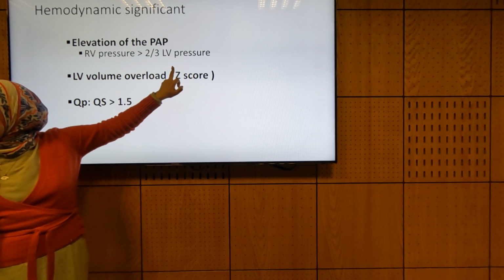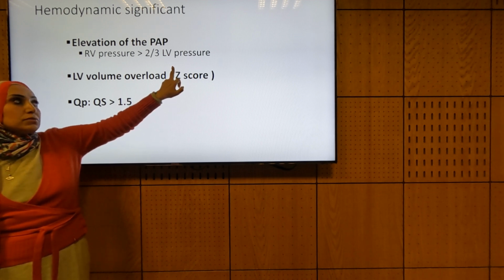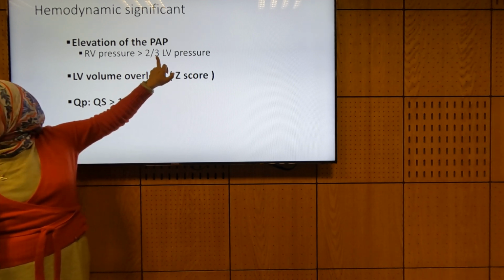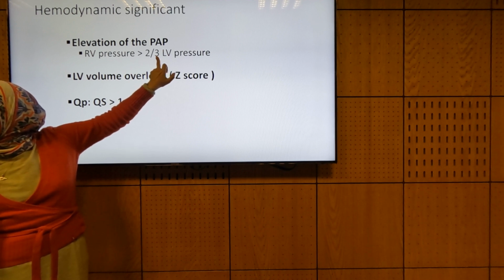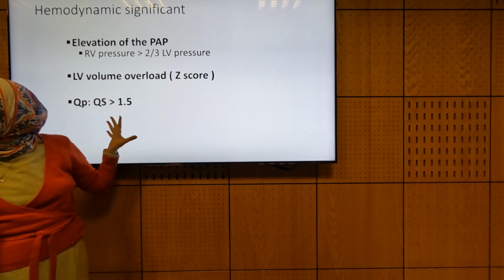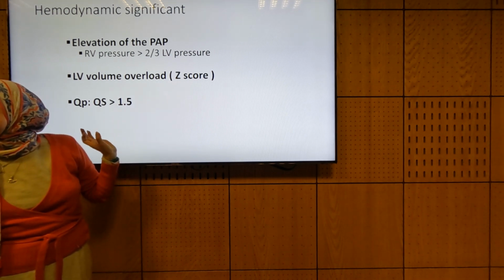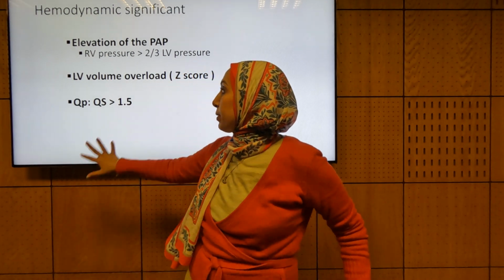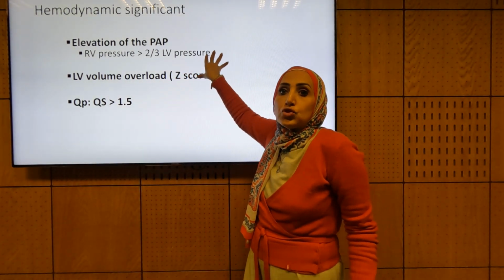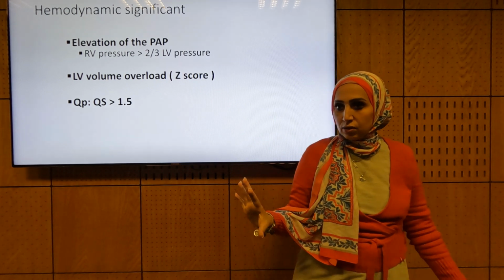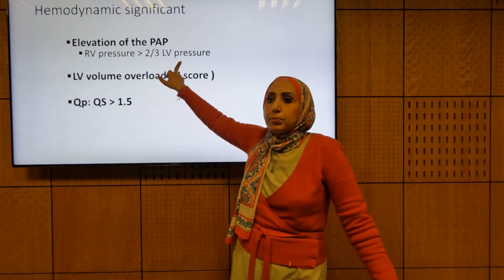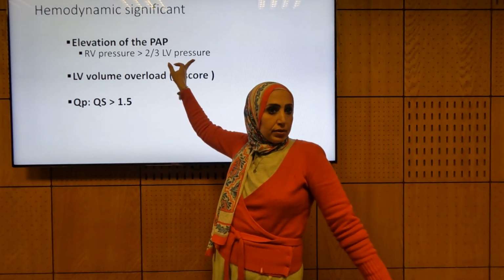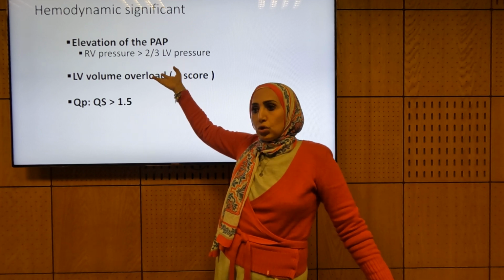You measure it from the arm. So if the RV pressure is more than 2/3 of the LV pressure, I consider that shunt a hemodynamically significant shunt. So I have to look at the magnitude of the shunt and the pressure of the RV. Is that clear now? If the RV pressure is 1/3 of the LV pressure, it's not significant.